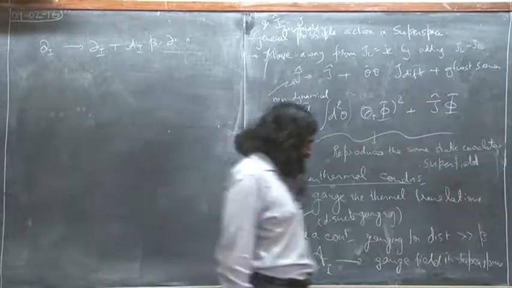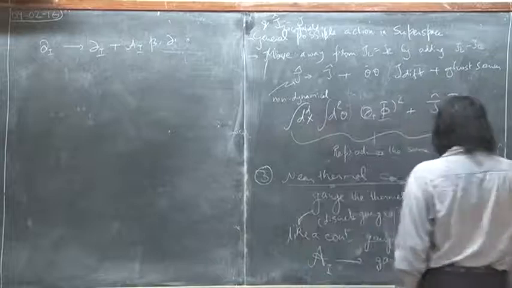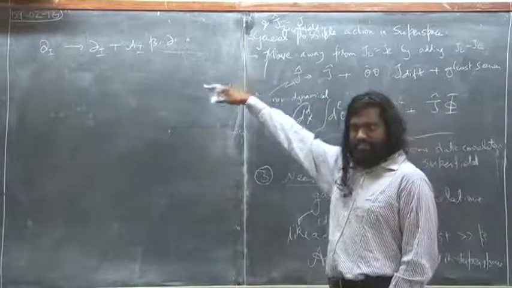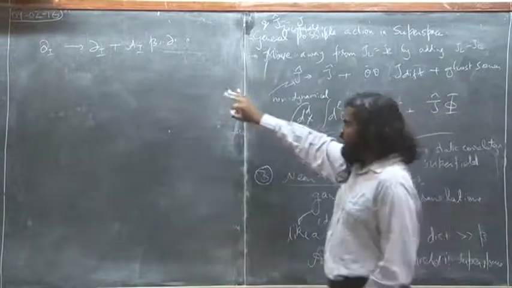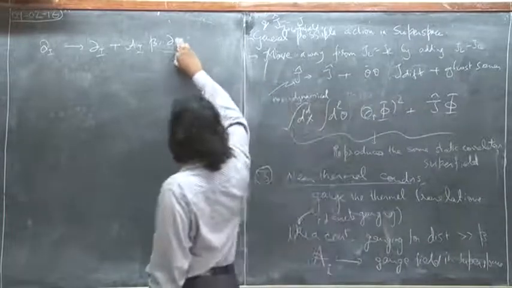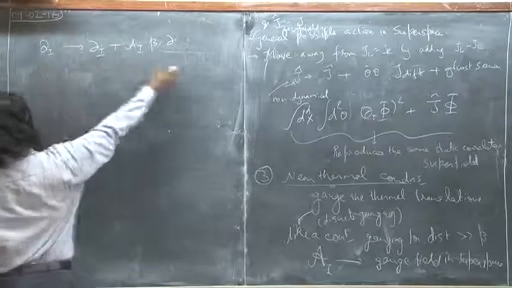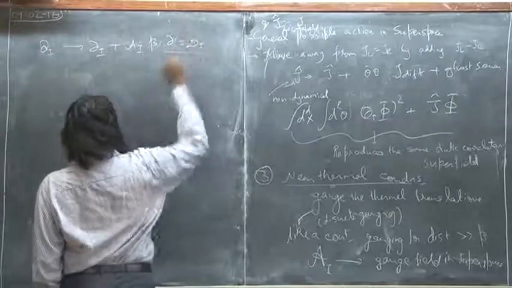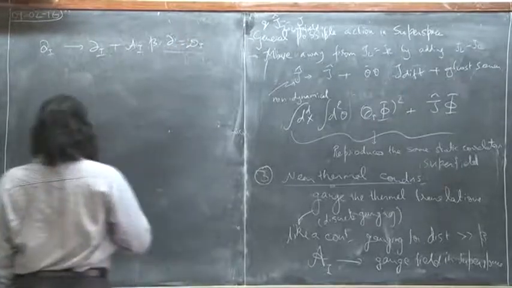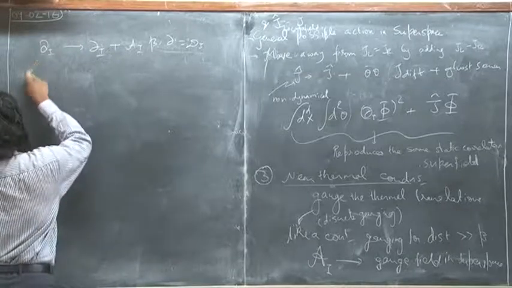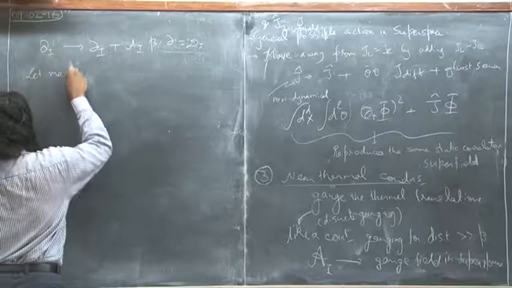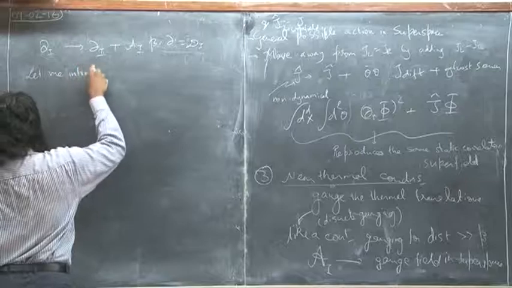So you're gauging the thermal translations, but the question is what is the representation theory for it? You can try to understand the mathematical structure of this kind of gauge theories and this kind of gauge invariants. There are various representations of it. So let me introduce a thermal bracket, which is like a commutator.